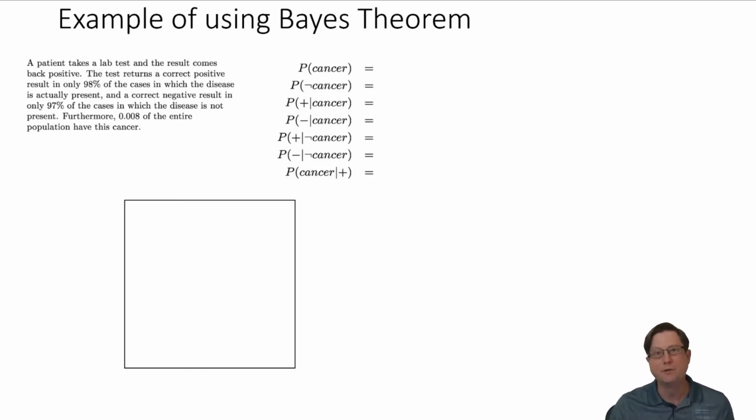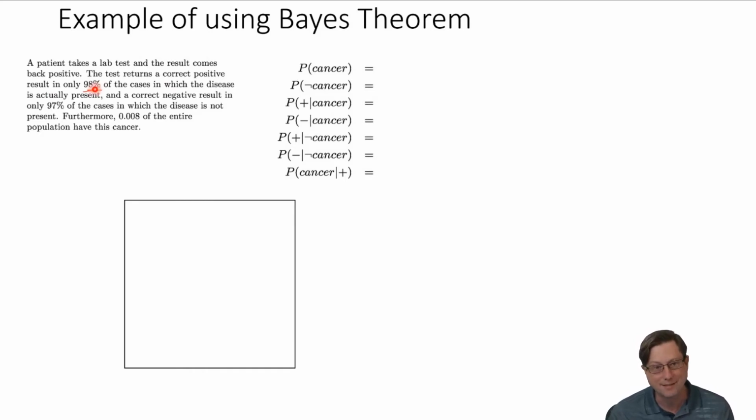So this is about a poor patient who goes into the lab and gets a cancer test. This little word problem talks about the situation and the information about that cancer test. A patient takes the cancer test and the results come back positive. Not good. But now we've got to ask, what does this mean, doctor? The test returns a correct positive result in 98% of cases.